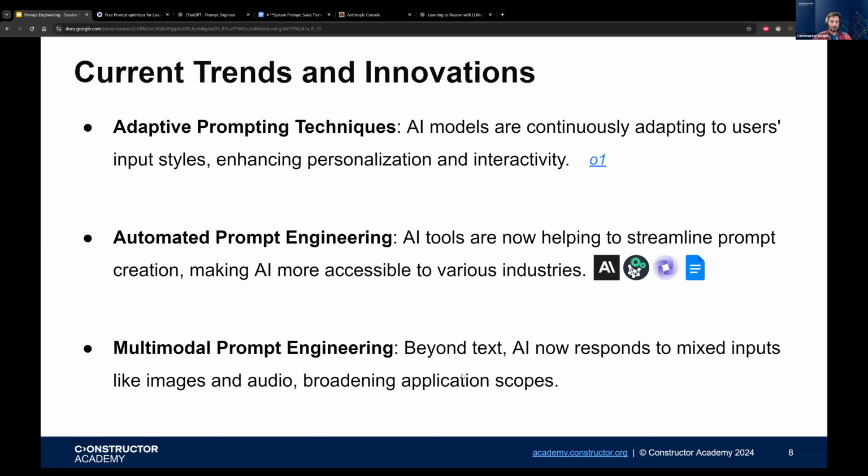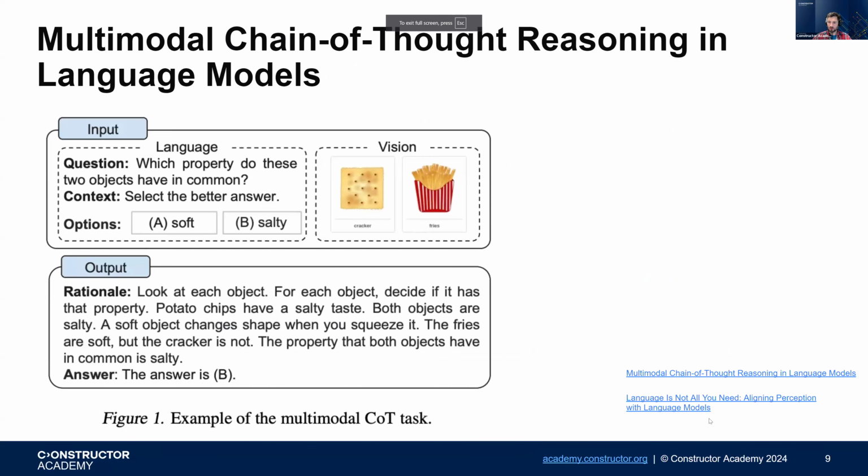And then we saw the models right now, many of them are multimodal. Let's see how we can, through a paper that came out more than 1 year ago, use multimodality for prompt engineering. So here I link to you a couple of papers: Multimodal Chain of Thought Reasoning in Language Models, and Language Is Not All You Need.